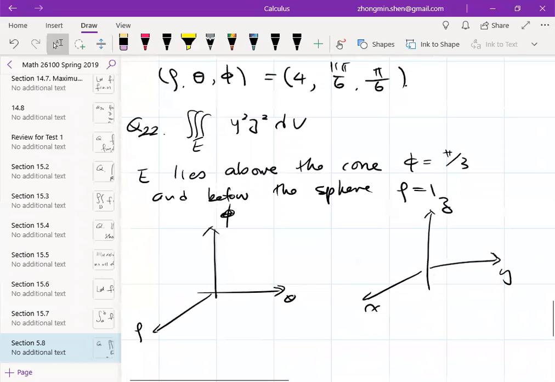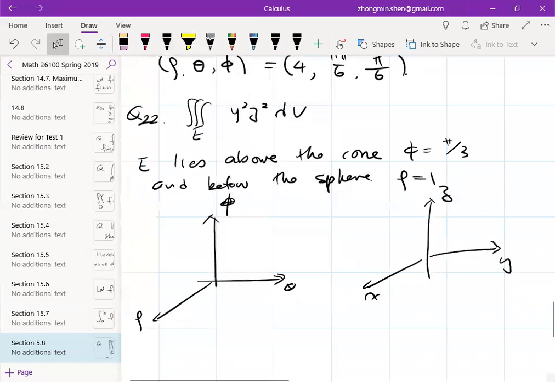Actually, E is the image of another region, so let's describe the E bar first. What does that mean? Above the cone, phi is pi over 3.